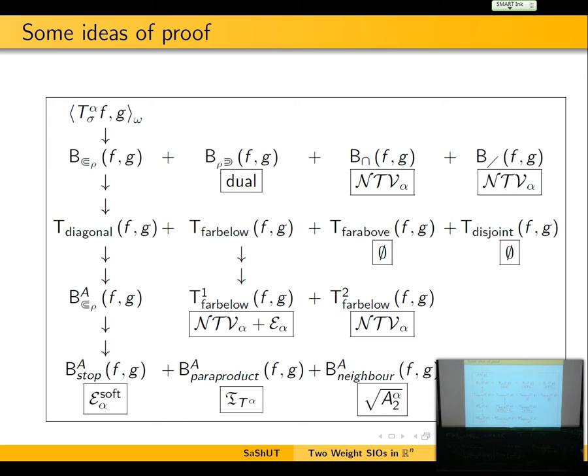So it's decomposed as well in several pieces, something that's called functional energy, which is like testing but for functions. And here, using the T1 type theorem for Poisson by Eric, you can handle it by NTV constants plus energy. So these two terms. So then you are left with some other term, which is when you're close. Namely, there is no such F in between.